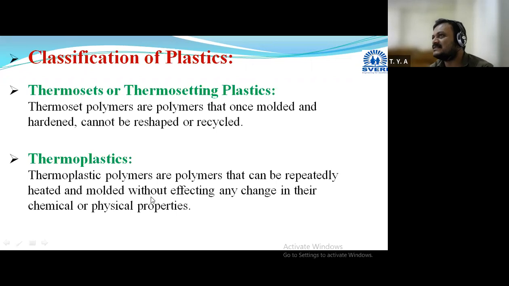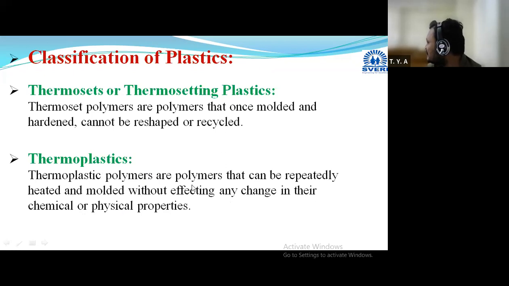Those plastic materials are termed as thermoplastics. And all these processes, heating and molding, you can do without changing their chemical and physical properties. Then that particular plastic material will be termed as thermoplastics. This is the basic difference.